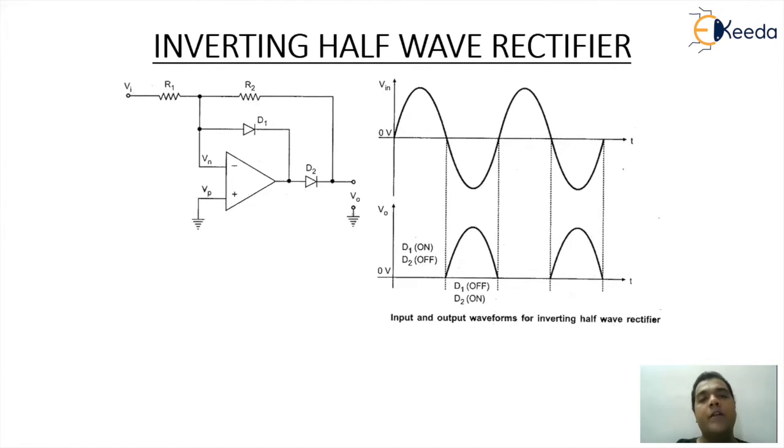So when we talk about the positive half cycle of the AC input, you will be observing that diode 1 will be in the on state and diode 2 will be in the off state. Whereas when we talk about the negative half cycle of the input, we will find diode 1 in the off state and diode 2 in the on state.